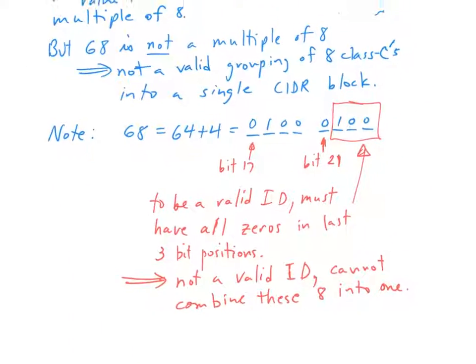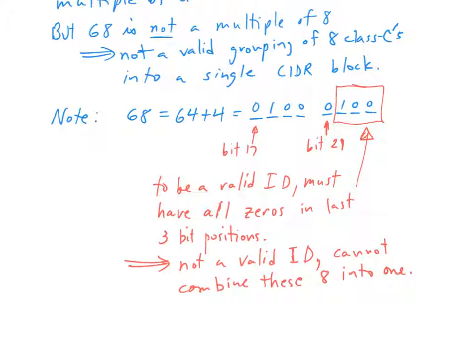We can also just simply look at the 68 and ask ourselves, do we have 3 zeros there? And so 68 is 64 plus 4: 0 in the 128's place, 1 in the 64's place, the 32, the 16, the 8, and here's a 1 in the 4's place. And that's in those last 3 bits, which are beyond the 21 bits of the network address. And so that's not a valid network ID.